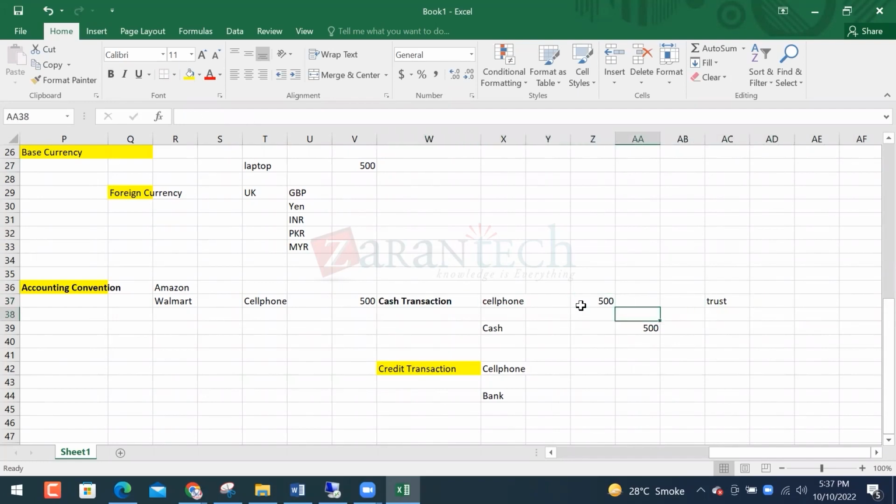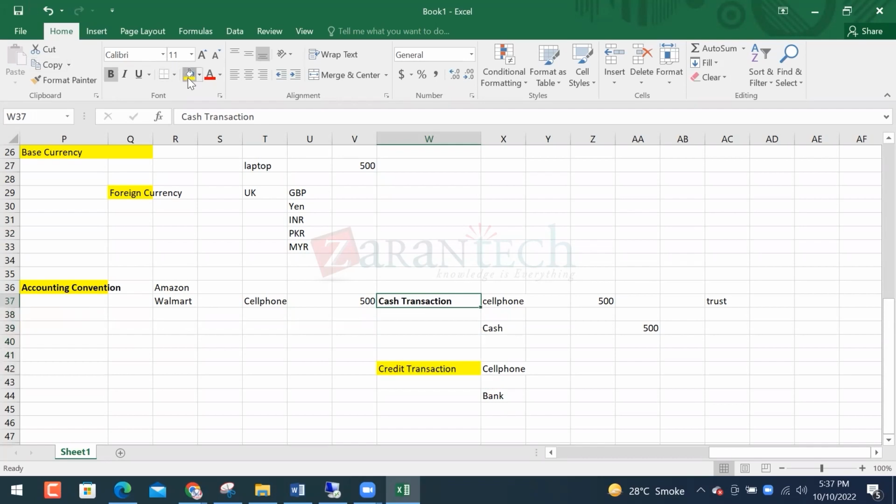But any financial institution like a bank has both cash as well as credit, though cash transaction volume is higher than credit. If you are running a technology business where you sell and purchase laptops, then your major transactions are on a credit basis. This is how you decide your nature of business, whether it is credit based or cash based.